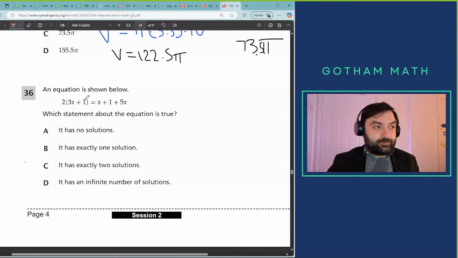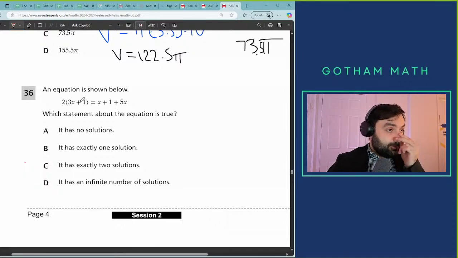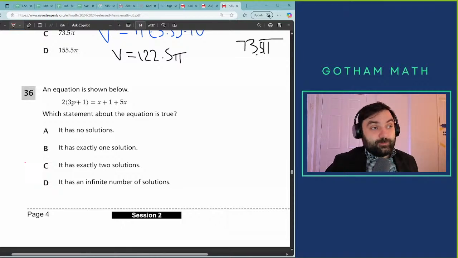So, I don't know what's going on with me today. We're going to use the distributive property on the left side and combine like terms on the right side, because we need to simplify before we'll be able to judge. So, we're going to distribute 2 onto 3x and onto 1.